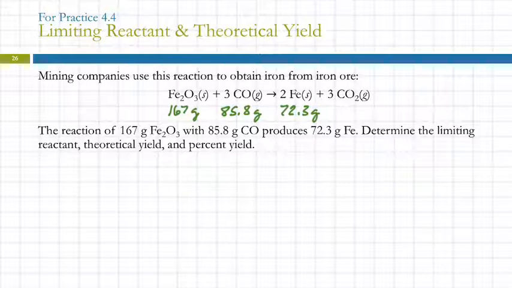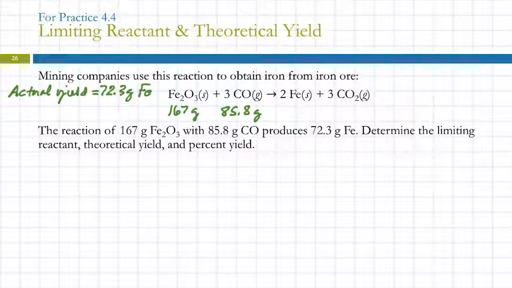So what I'm going to do is set that aside, and I'm going to say that my actual yield is 72.3 grams of iron. And then I'm going to erase this over here.